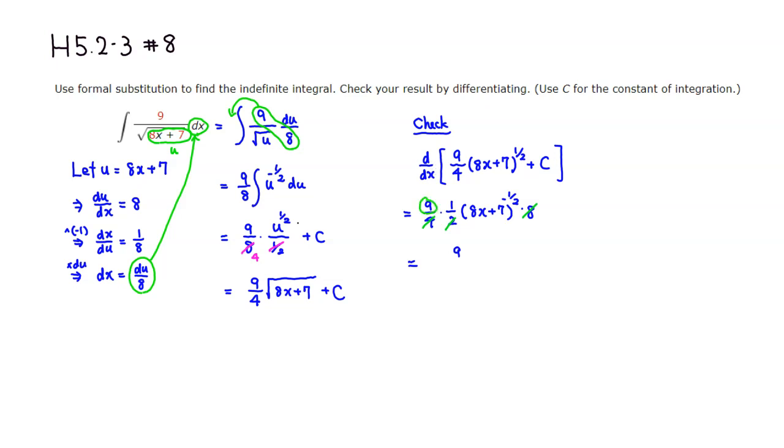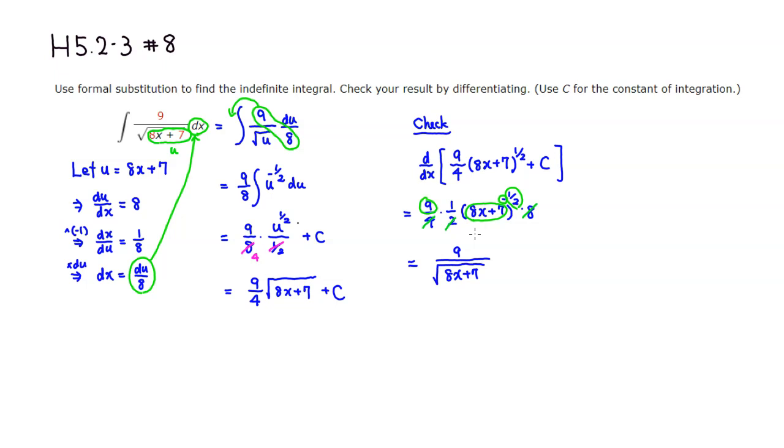Since you have a negative power, I'm going to put 8x plus 7 on the bottom, so I took care of the negative power. Then the 1/2 power is equivalent to a square root, so you have that.